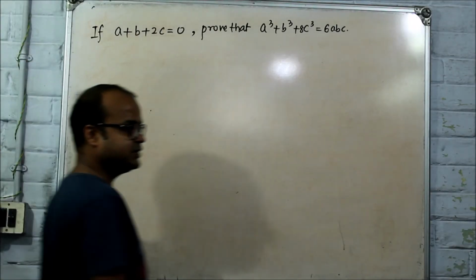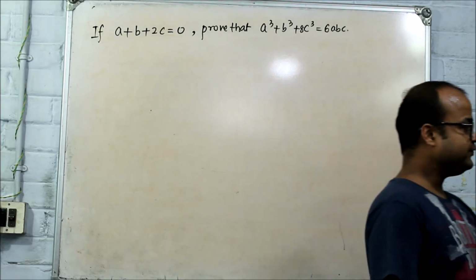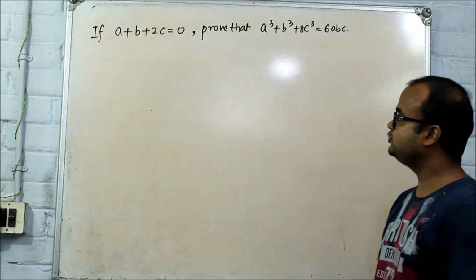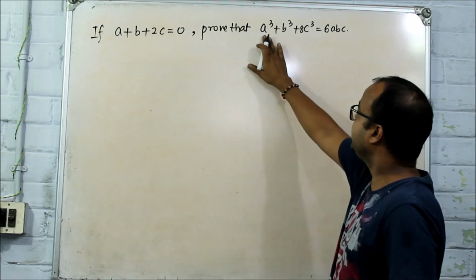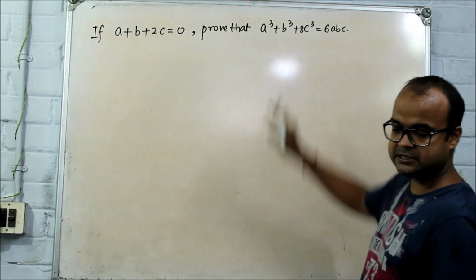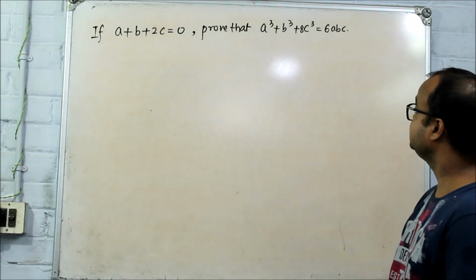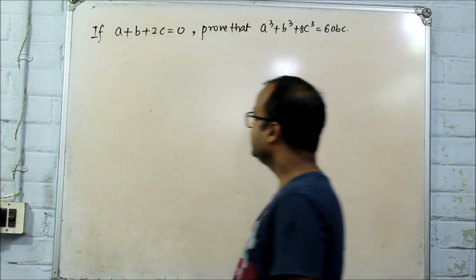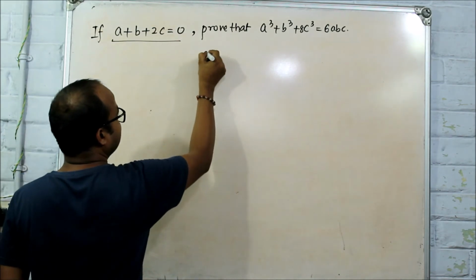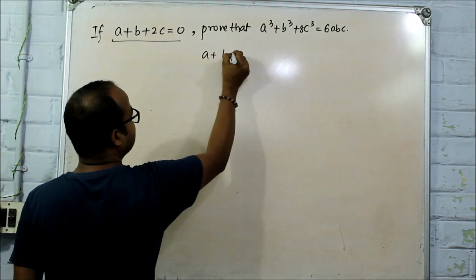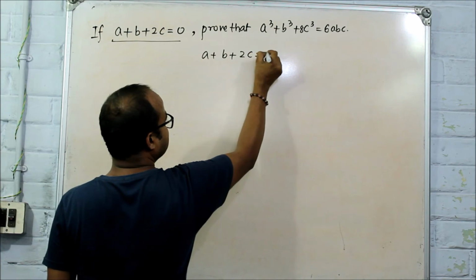Now moving into the next problem. If a + b + 2c is equal to 0, prove that a³ + b³ + 8c³ is equal to 6abc. So first we write the given condition: a + b + 2c is equal to 0.